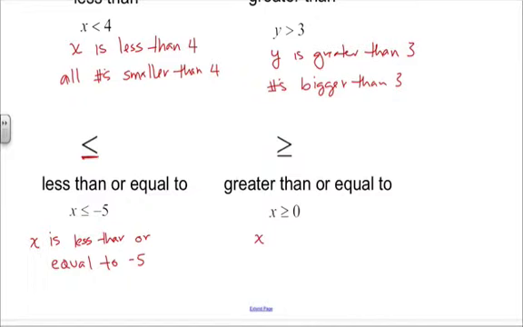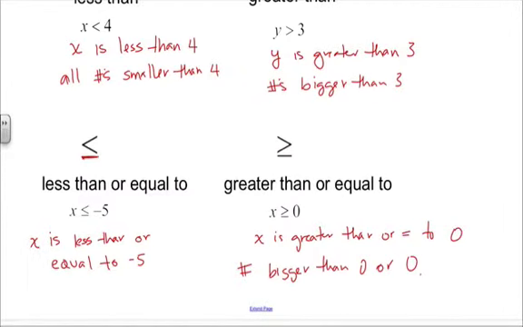Here we have x is greater than or equal to 0. So here we're talking about numbers bigger than 0 or 0 itself, since it could equal 0. Over here, we're talking about numbers that are smaller than -5 or -5 itself.